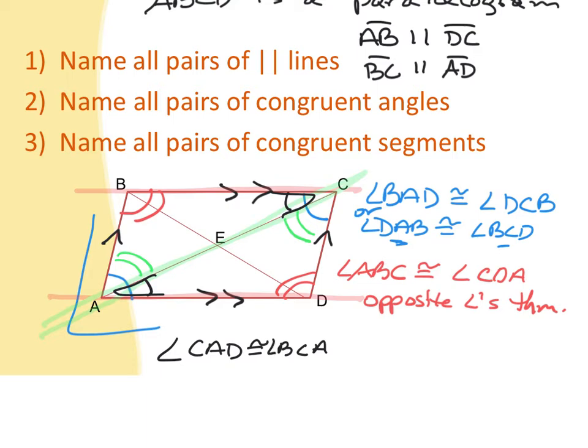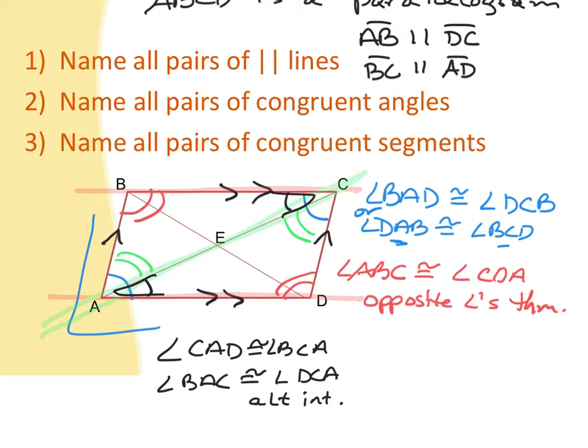And then I have the green one that I did, and that one's going to be BAC is congruent to DCA. And these are alternate interior. And then I have the other ones.